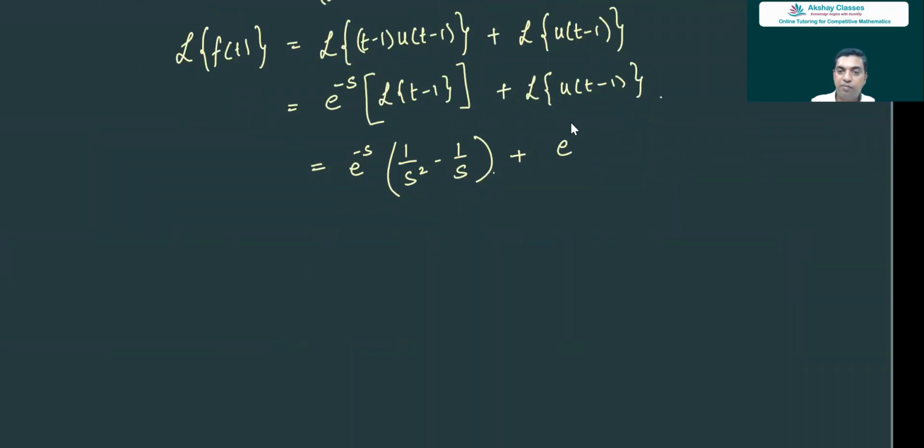So we get e power minus a, which is 1, s upon s. So what happens is this term is cancelling. We are left with e power minus s upon s. Okay. All right.